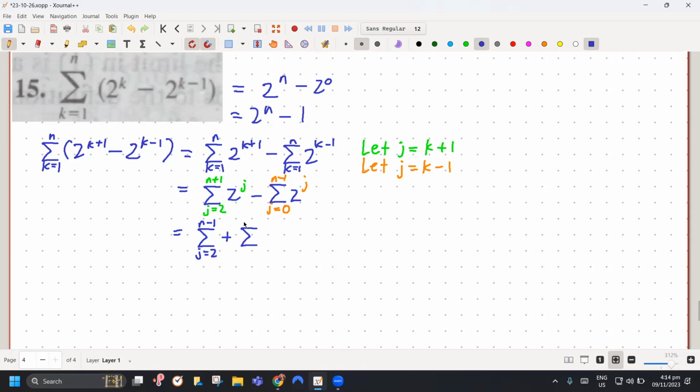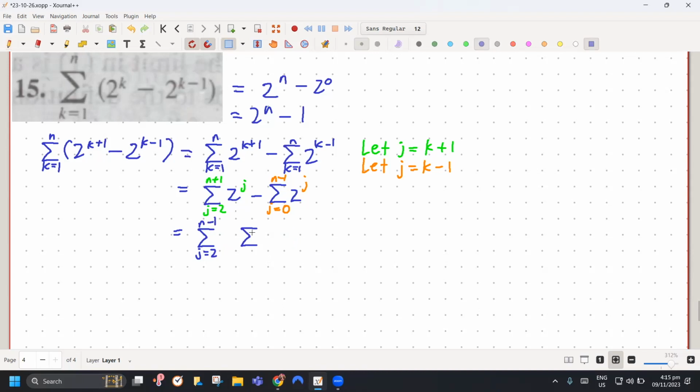Ngayon, ano yung mga terms na nawala dyan sa sum? Sulat mo na. 2 to the j plus, huwag mo na summation symbol yan. Isulat mo na, diretso na. Tama yan.